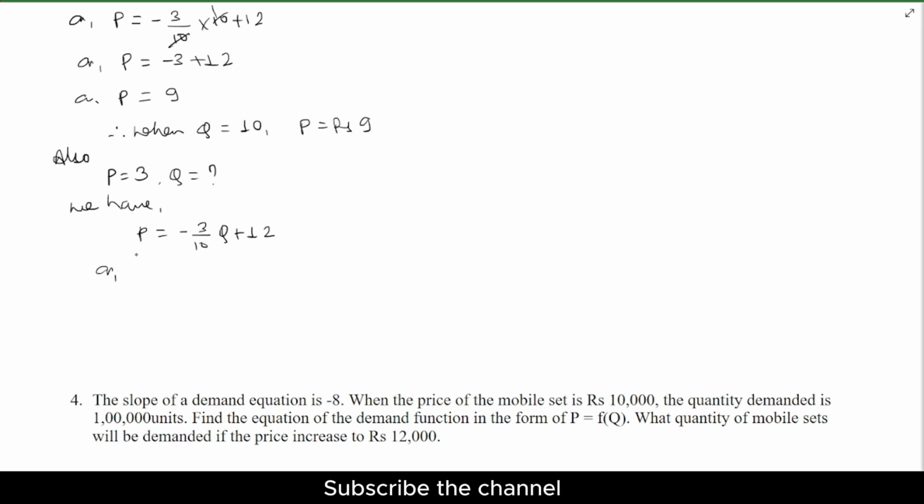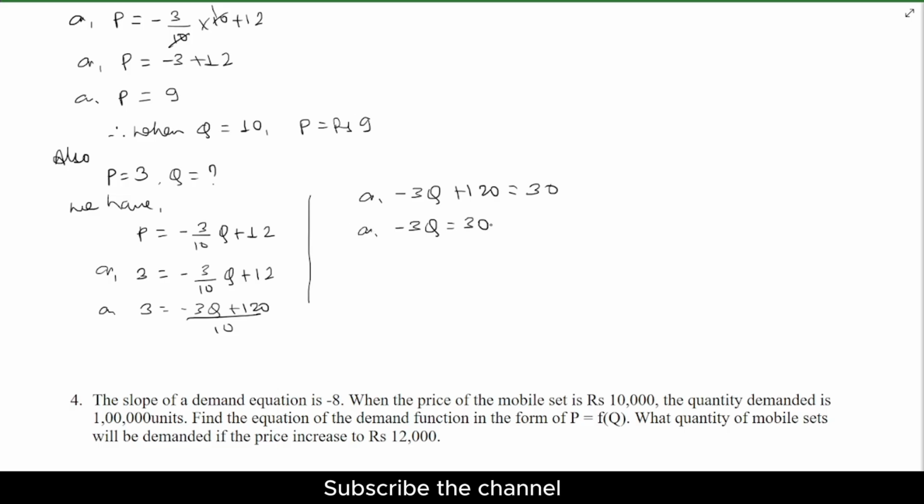Substituting p as 3: 3 equals minus 3q plus 120 by 10, or minus 3q plus 120 equals 30, or minus 3q equals 30 minus 120, or minus 3q equals minus 90, or q equals 30.